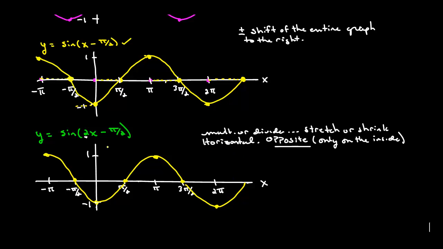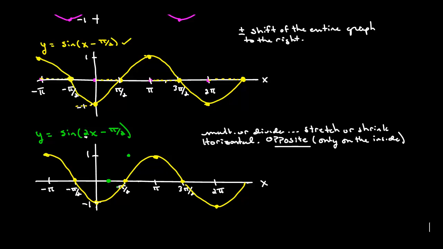Now, everything's going to happen twice as fast, meaning that a point that normally happened at pi over 2 right here is going to happen at pi over 4. So this point got moved back. A point that would happen at pi happens in half of the time. So if it normally would happen at pi, this point now happens at pi over 2.